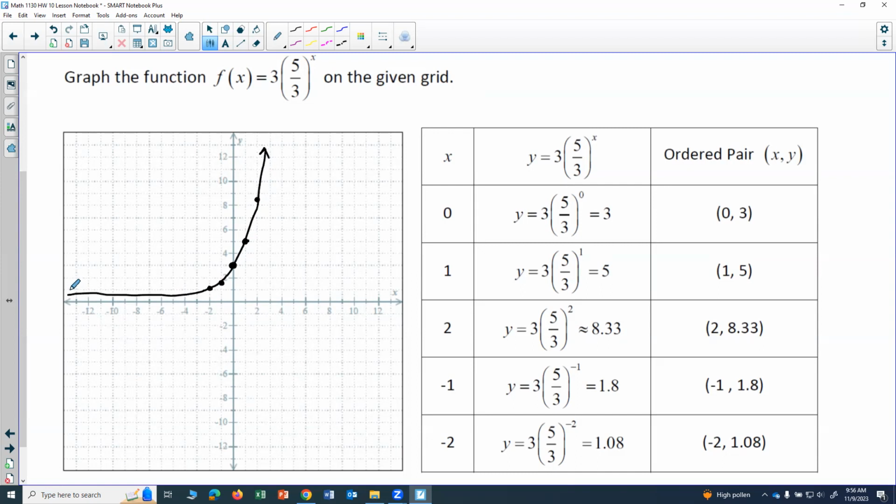And I've got the graph of my exponential function, f of x equals 3 times 5/3 to the x power. So you pick x values, plug them in as your exponent, get the corresponding y values, and then plot the ordered pairs. Let's do one more example where we have to actually make this table ourselves.